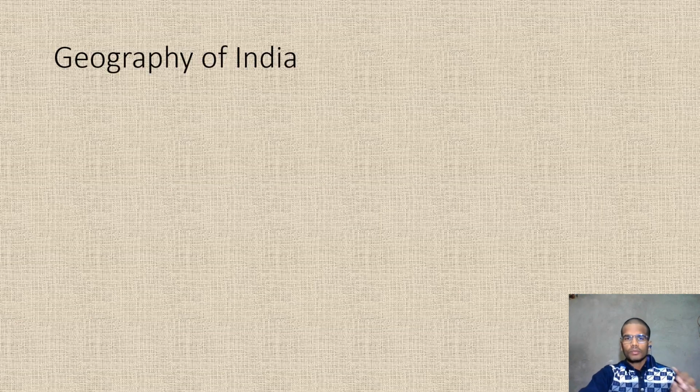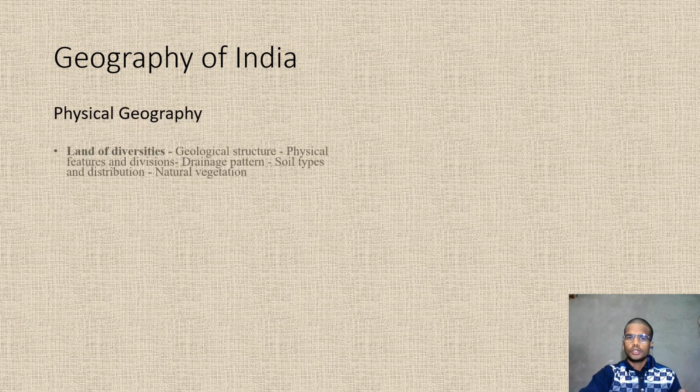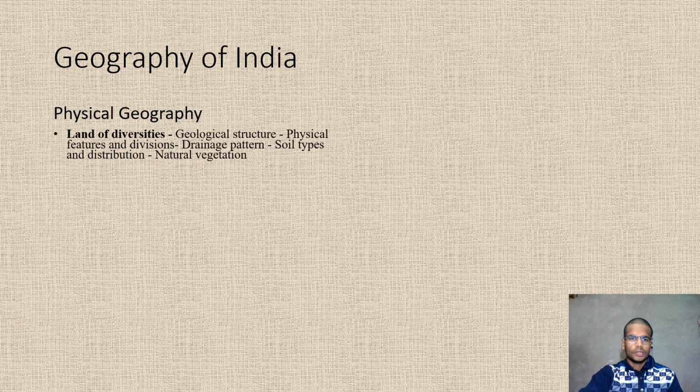Next we switch. I have clubbed the Indian geography part from both human and physical parts here. So we will go through the physical geography part: geological structure, physical features, drainage pattern, soil type, natural vegetation of India. In geological structure, you need to focus on different rock layers and what minerals are found in them.